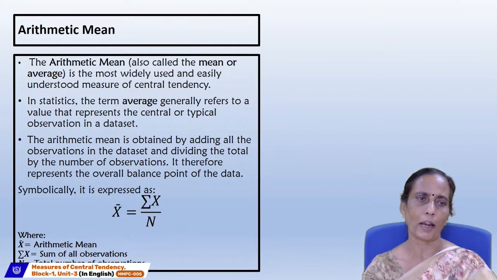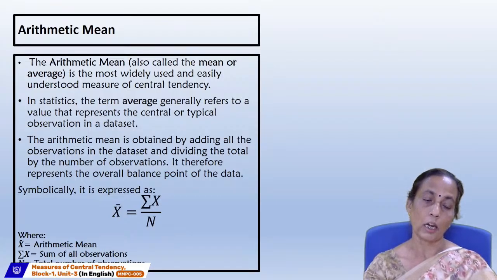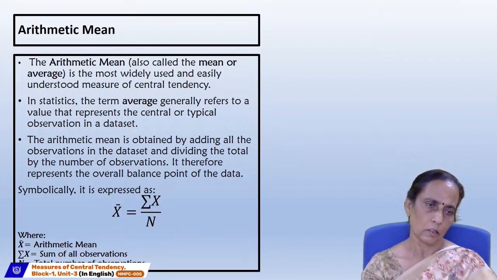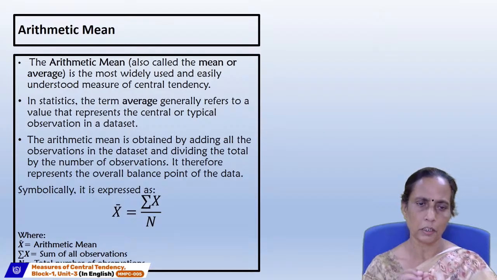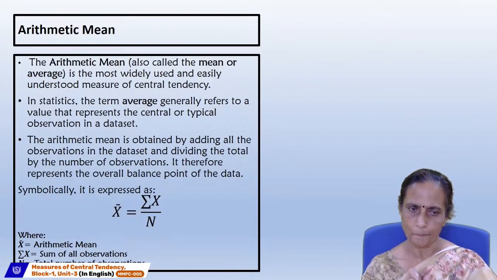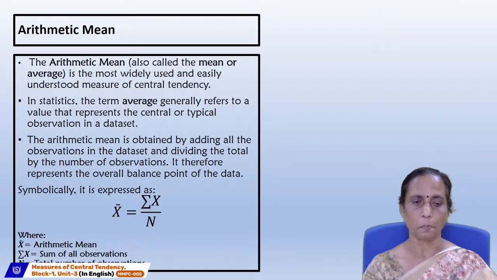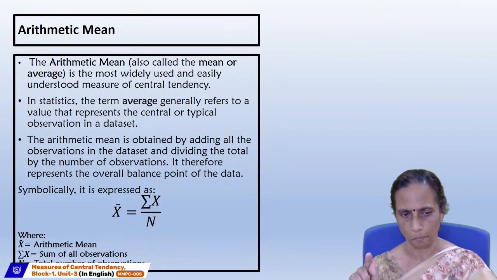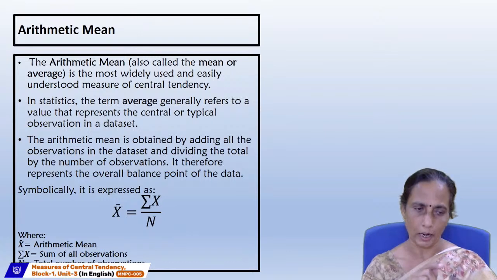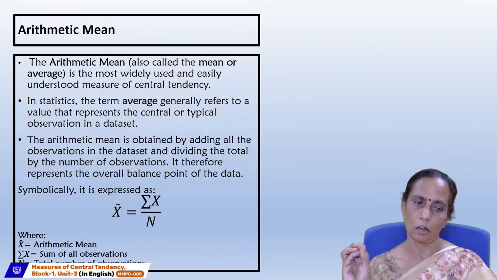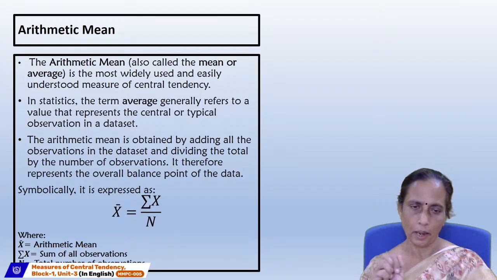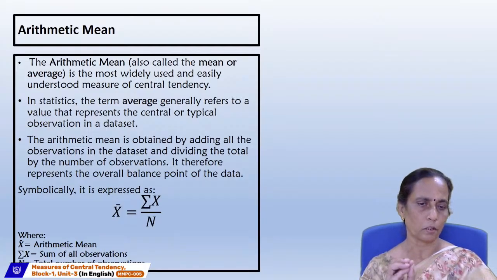That means while calculating the arithmetic mean, we are taking into consideration each and every observation in our data set. So symbolically, it is represented as x bar is equal to summation x by capital N, where x bar represents the arithmetic mean and summation x is the sum of all observations, and N is the total number of observations.